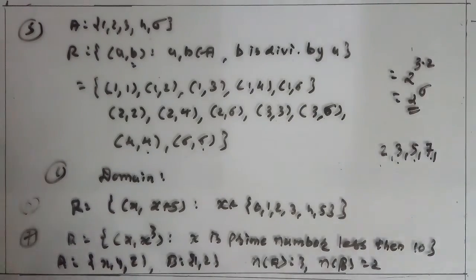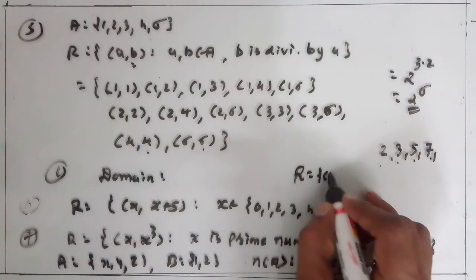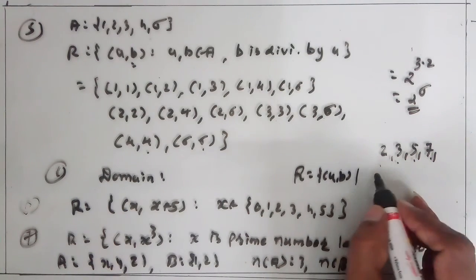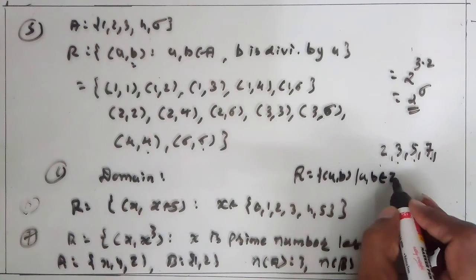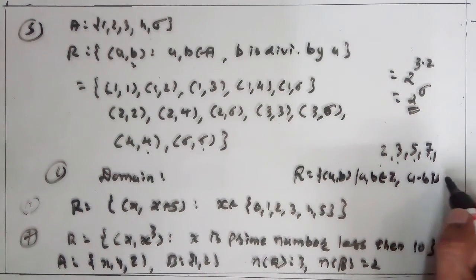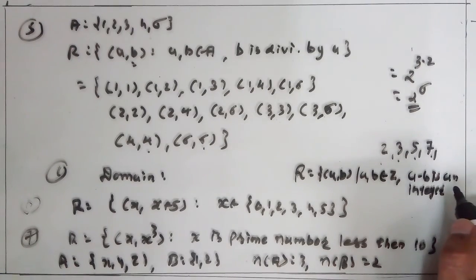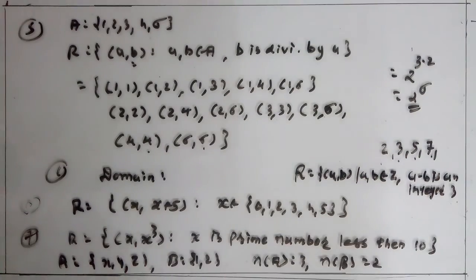Now question number 9. Let R be a relation on Z defined by R is equal to (a, b), a, b belongs to Z, and a minus b is an integer. Find the domain and range. What do you say about this relation?